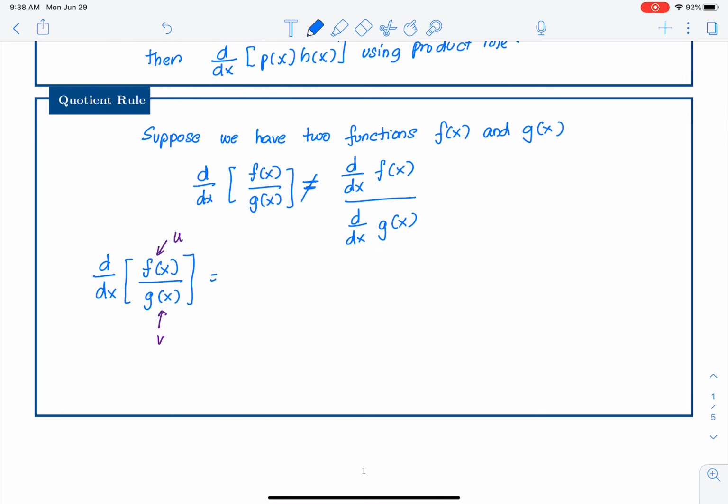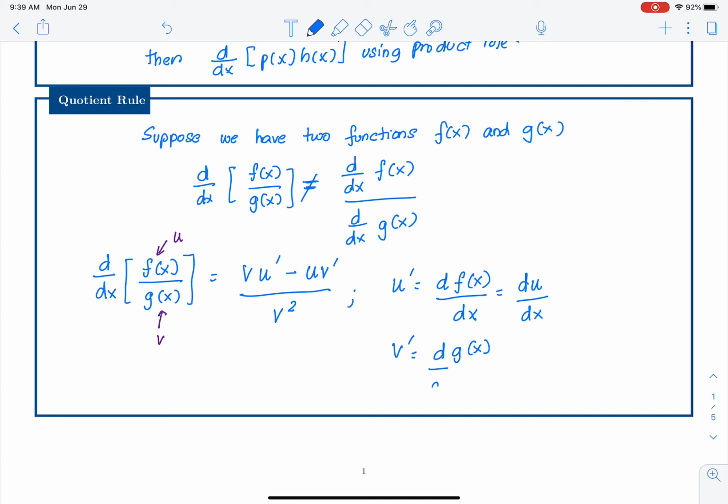And as always, u prime is the derivative of the dependent variable, in this case f with respect to x. And v prime is d over dx of g of x, which is dv over dx.